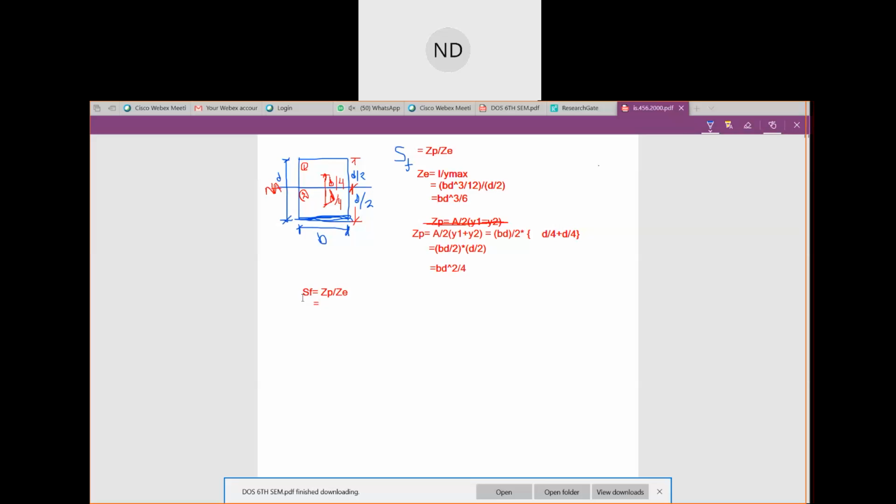So that is equal to BD square by 4 whole divided by your BD square by 6.